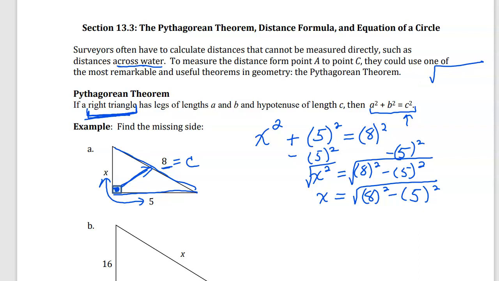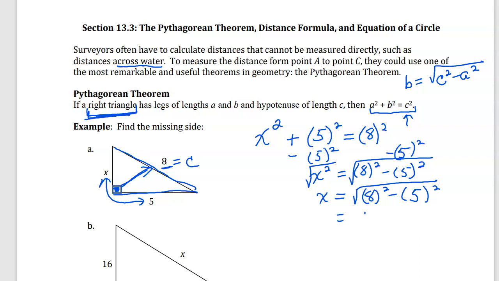I could have that b, or a, is equal to the square root of c squared minus a squared. So in other words, a side is equal to the square root of my c squared minus my a squared, or vice versa. Basically, side is equal to the square root of hypotenuse squared minus my side squared. That's another way of writing it.